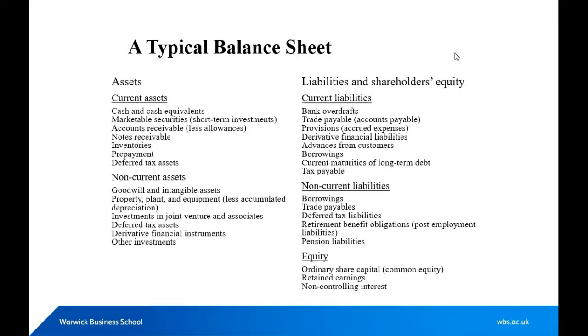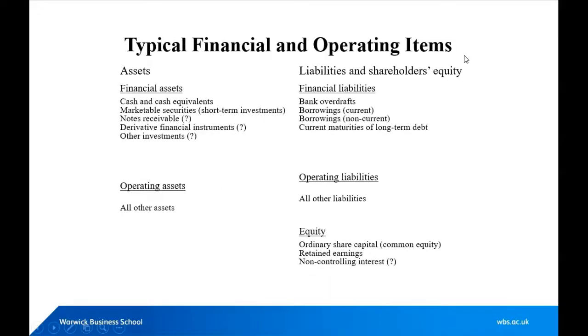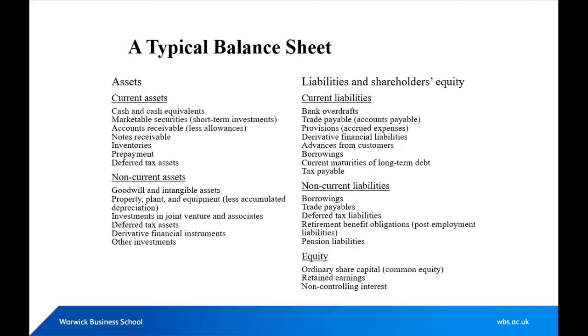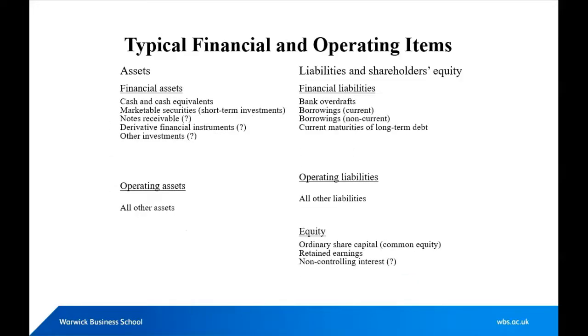So we need to reformulate. What can we do? We can separate the items into operating and financial. How? Out of the assets, these are financial assets: cash and cash equivalents, marketable securities, notes receivable, derivative financial instruments, other investments.